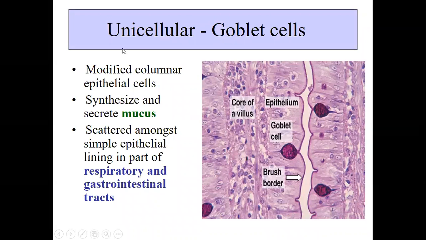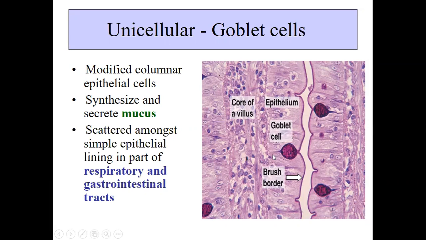Okay, let's start to discuss the unicellular. For the unicellular, we have only one type of cell, the goblet cell. You can see here the pinkish, round-shaped cell. It is a modified form of the epithelial columnar cell.